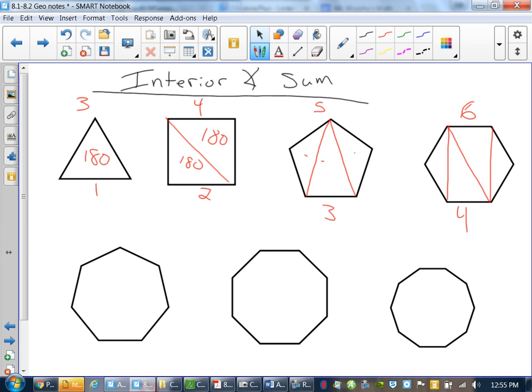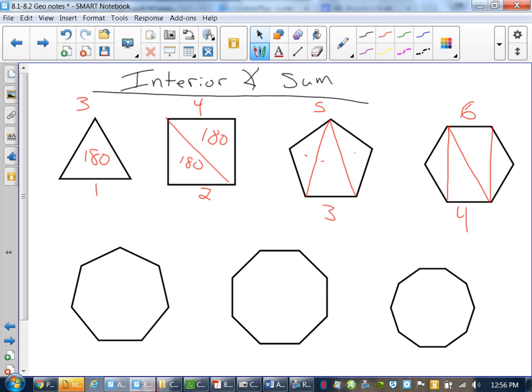What happens is, in order to figure out the sum of the interior angles, the interior angle sum is always equal to the number of sides subtract 2, times 180. The reason we do n minus 2 is that it allows you to figure out how many triangles you can fit in.